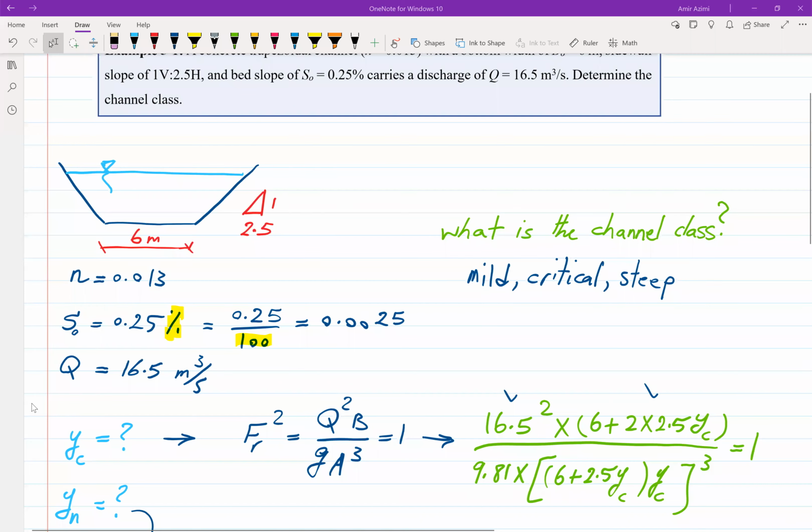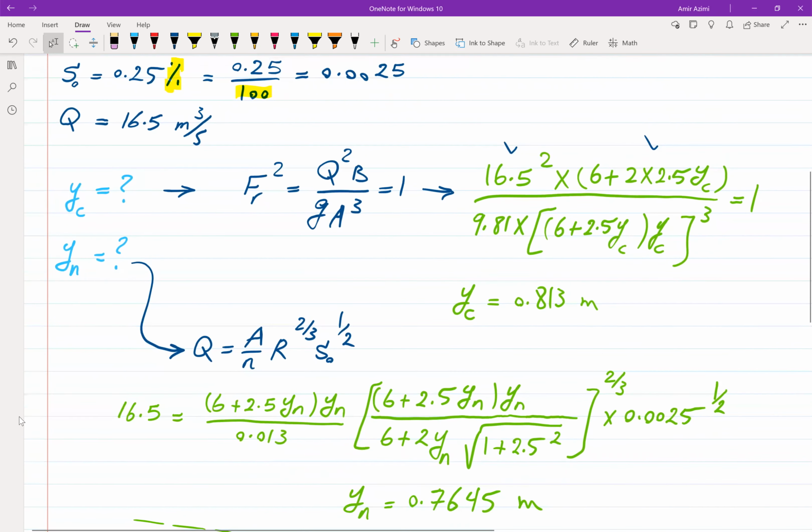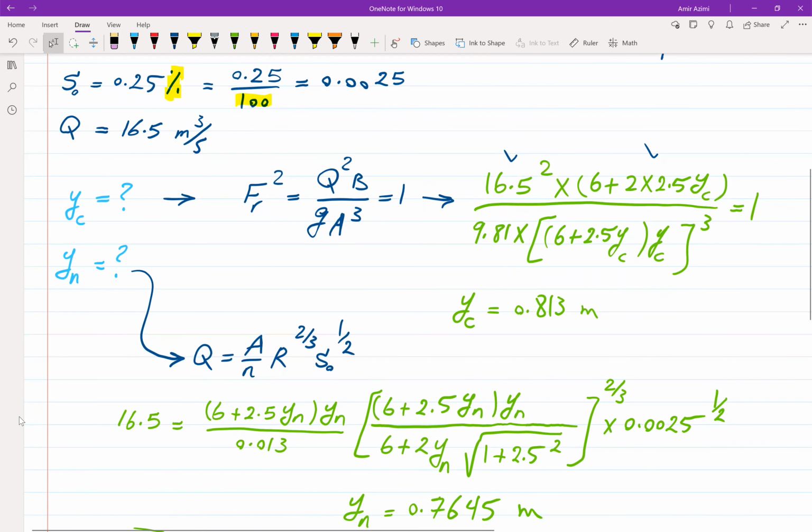If you go back to the notes for normal depth, we have Q equal to A over n, R to the power of 2/3, S to the power of 1/2. So on the left-hand side I have discharge, and on the right-hand side I have area times hydraulic radius to the power of 2/3 times longitudinal slope to the power of 1/2.